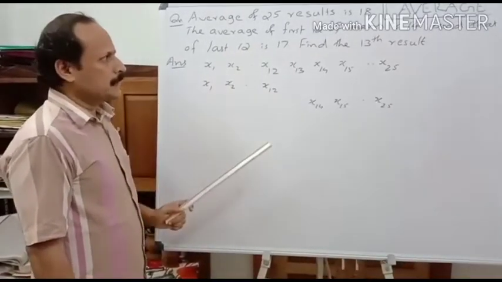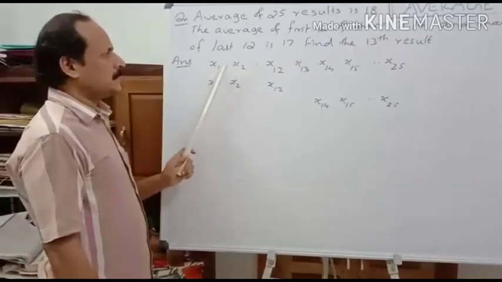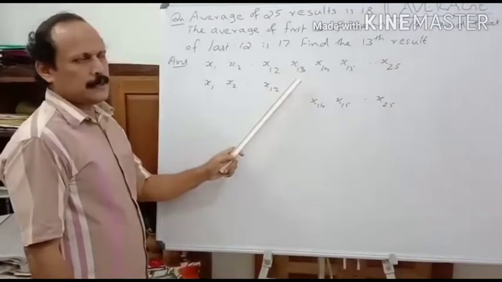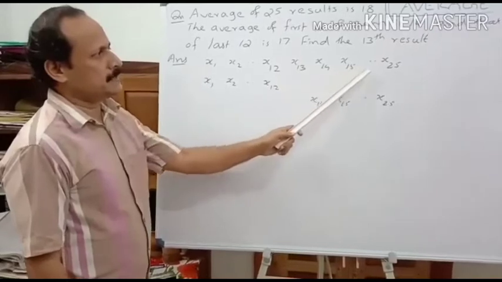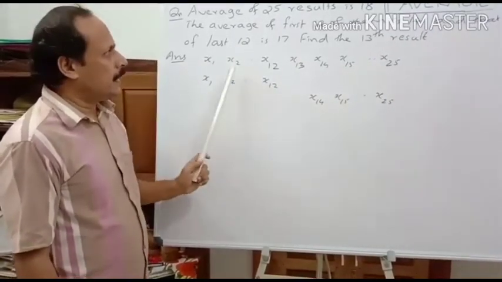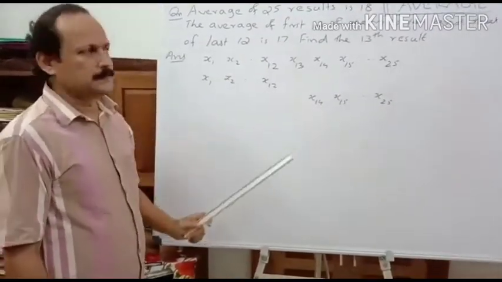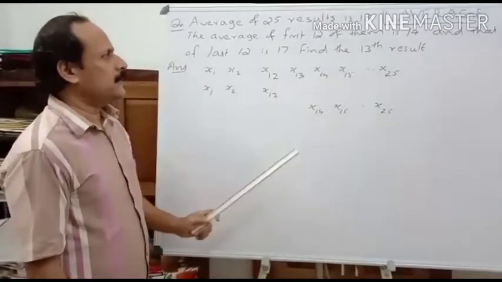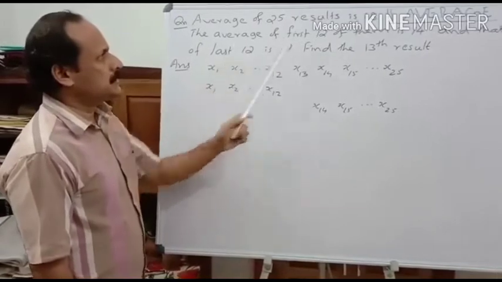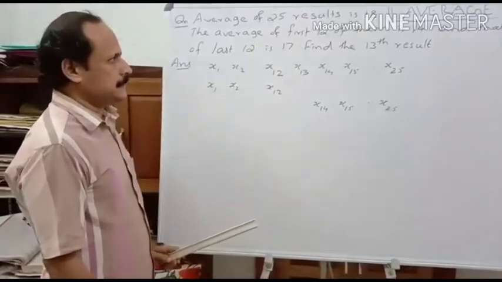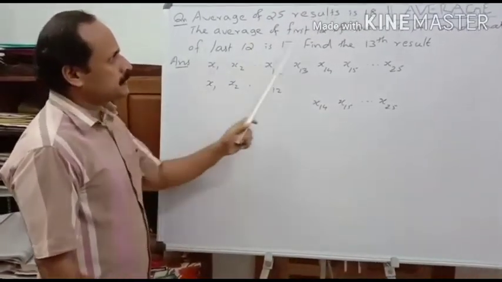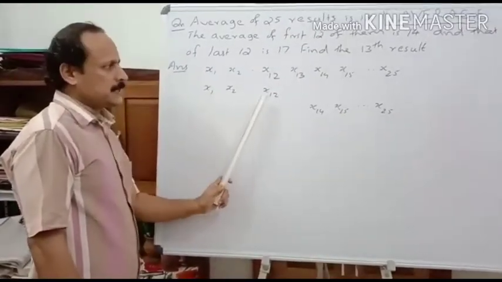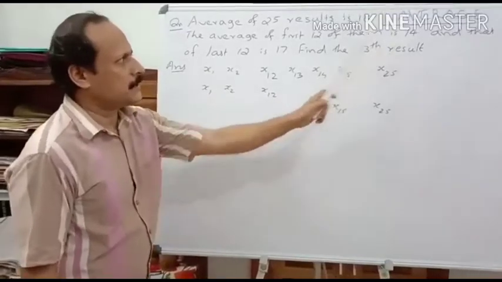Assume that x1, x2, etc., x12, x13, x14, x15, etc., x25 are the results. The average of these 25 results is given as 18, and the average of the first 12 of them, that is the average of x1, x2, etc., x12, is 14.